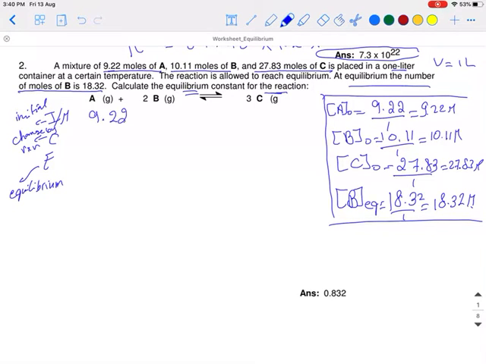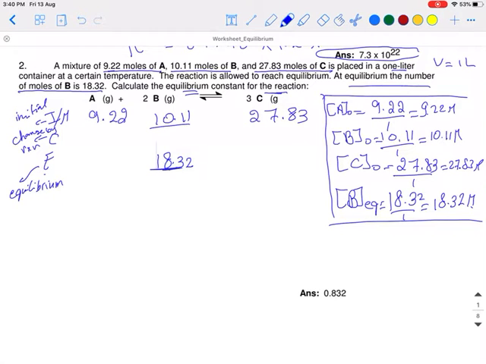The initial is 9.22, this is 10.11, and this is 27.83. At equilibrium, the concentration of B was found to be 18.32. As we can see, initially it was 10.11, which means that something got added to 10.11 to reach 18.32.